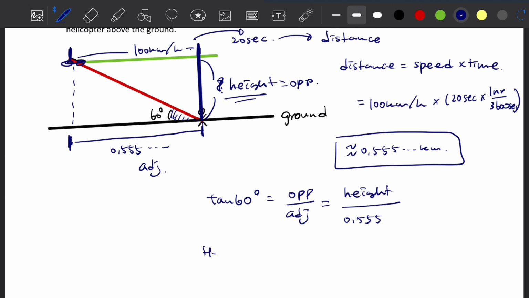So the height is tangent 60 degrees times 0.555. This height value is about 0.963 kilometers, or 963 meters.